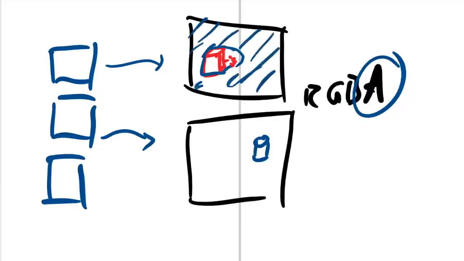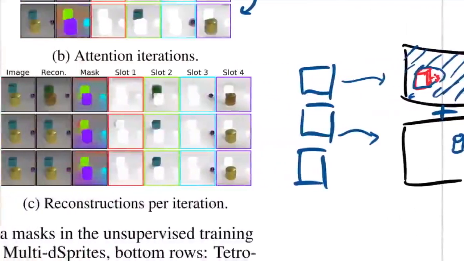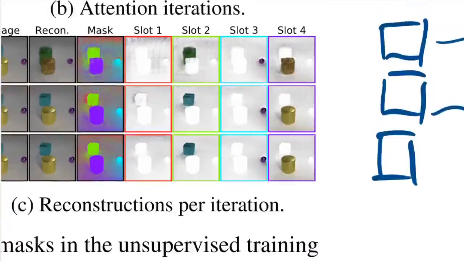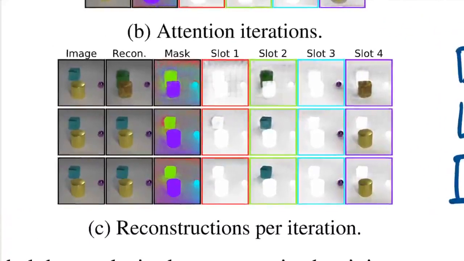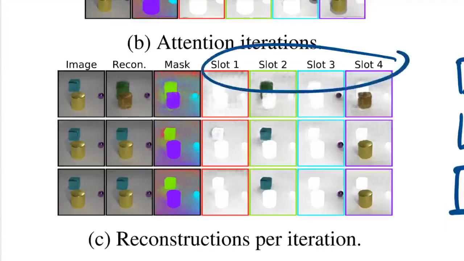Then you combine the alpha maps via a softmax to ensure that they sum up to 1. So you combine the pictures including their alpha maps, which means you can reconstruct from the slots where the objects are. Now you'll notice that they often use, for example here, 4 different slots, even though the image has 3 different objects.